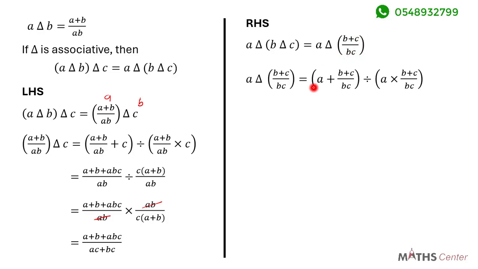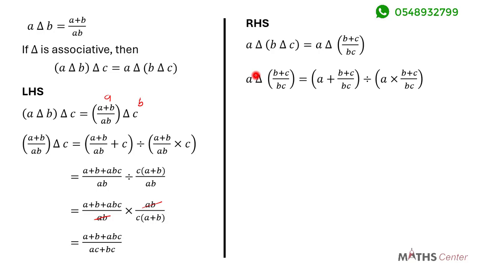So let's substitute that into the definition. We are going to have a delta b plus c divided by bc is equal to, on the numerator, we have a plus b. a is a, but b is b plus c divided by bc. So we are going to have a plus b plus c divided by bc for the numerator.